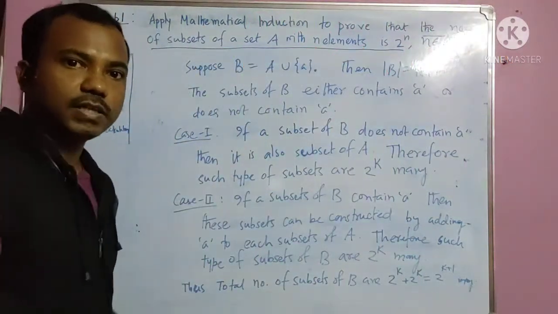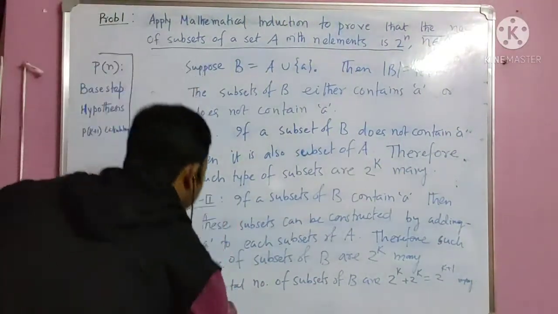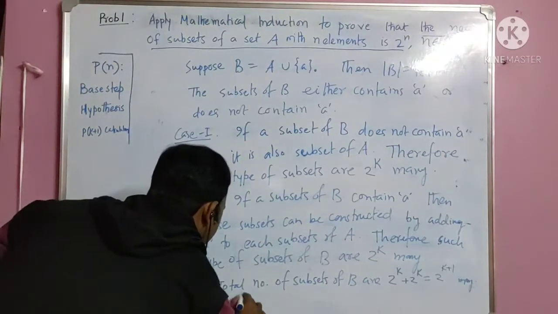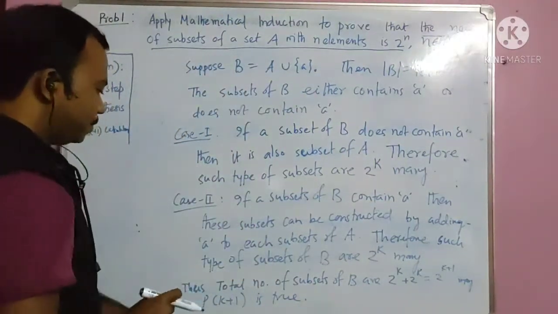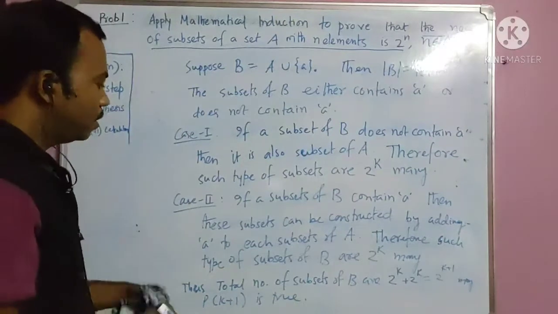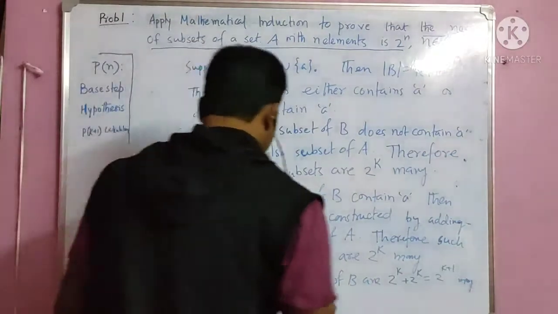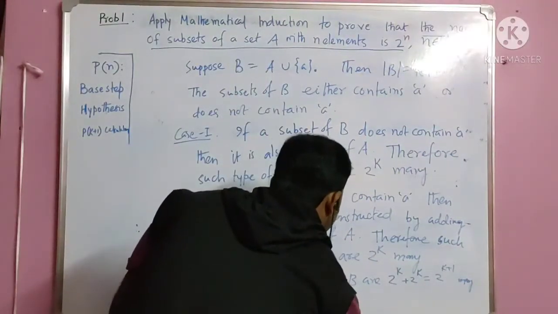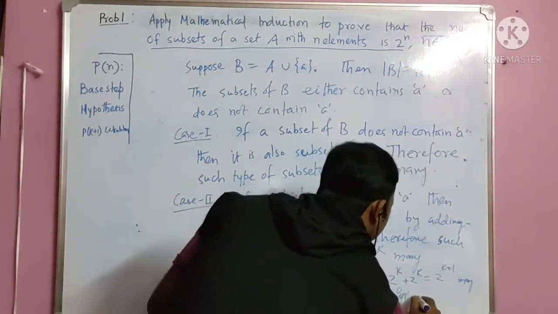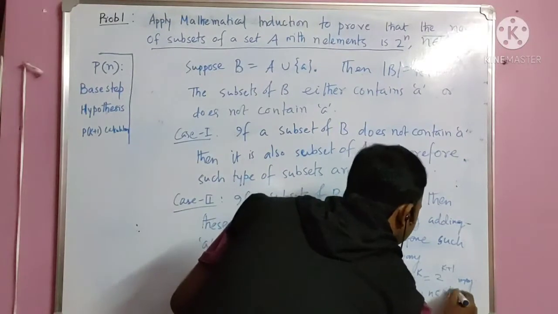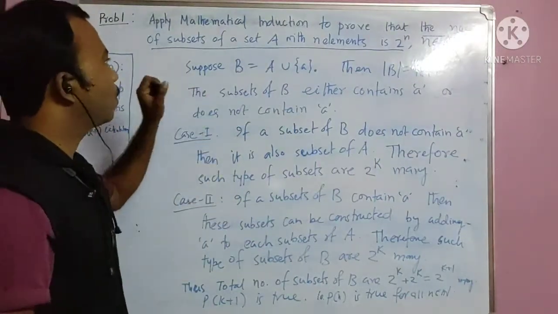This is the required condition we were looking for. So we can say that P(k+1) is true. Finally, according to mathematical induction, P(n) is true for all n belonging to natural numbers. Hence, we have validated that P(n) is true for all natural numbers.